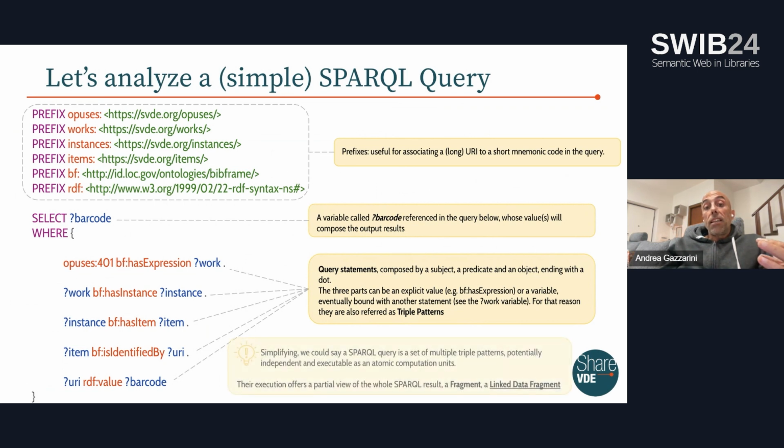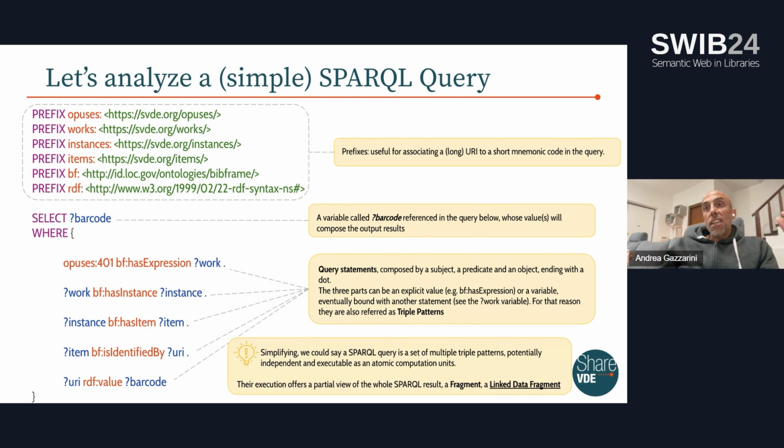Basically, the where condition that controls the selection of the information I request in the select can be considered as composed of a set of multiple triple patterns that can potentially be executed independently. Potentially, of course; it is not always possible.